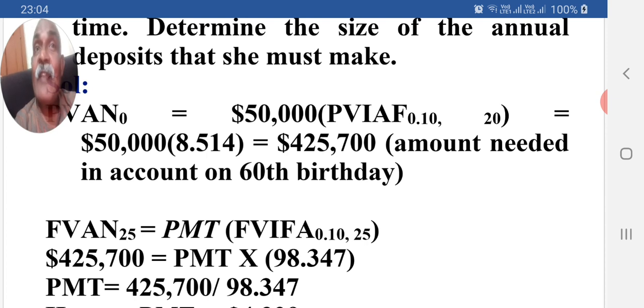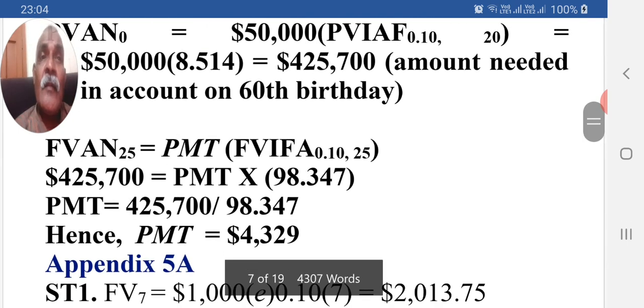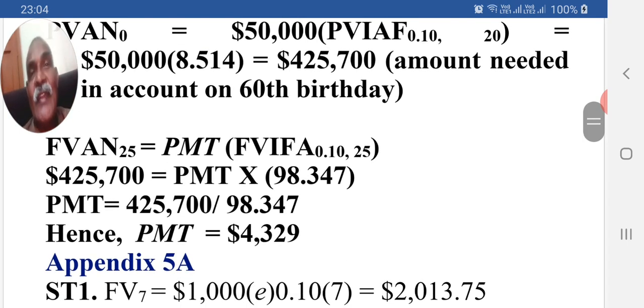So when you calculate the payment, how much you pay from 35 years of age up to 60 years, you calculate 425,700 divided by 98.347, which is equal to 4,329 rupees.